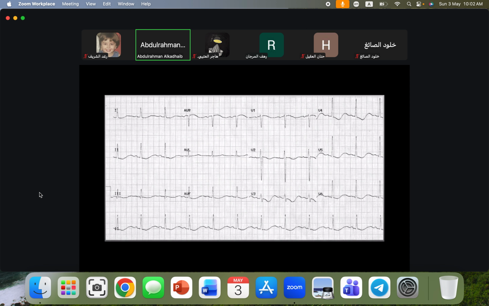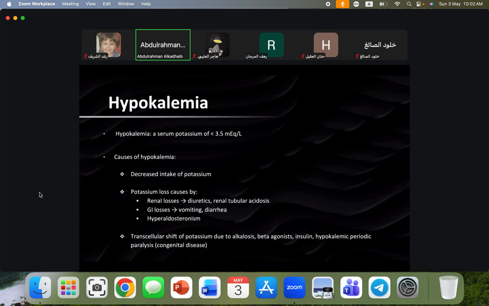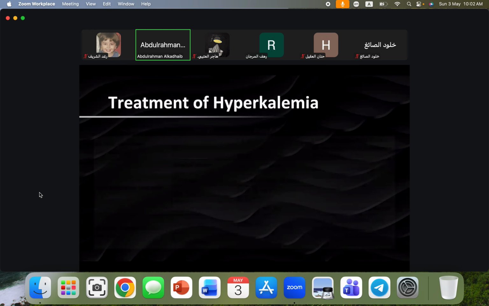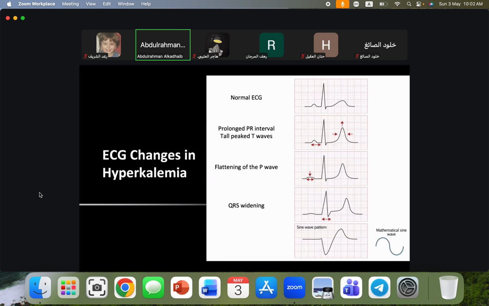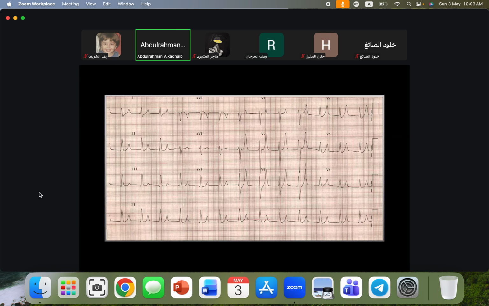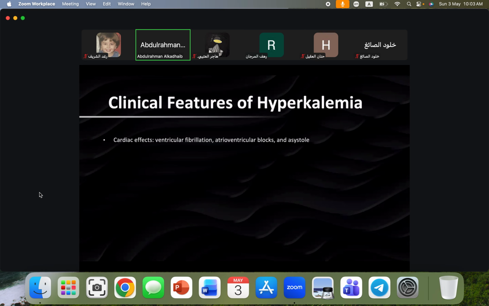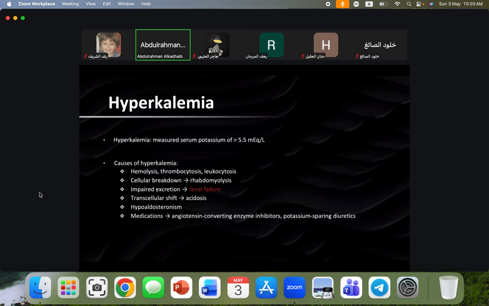One more point, that's why I put the banana picture with the potassium disorders. Usually bananas are very rich in potassium.